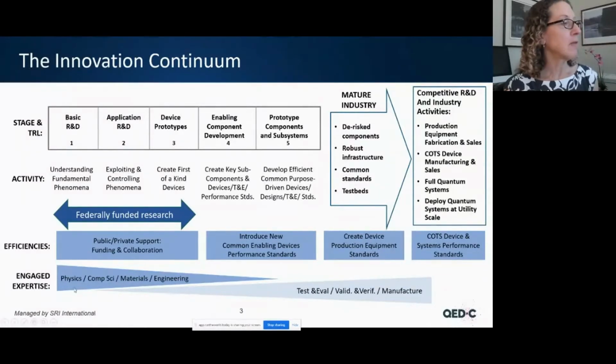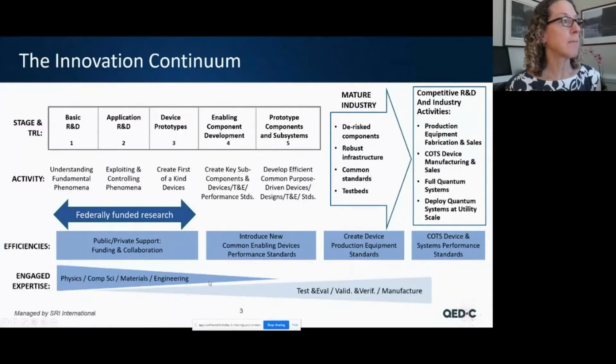There are disciplines like science and computer science and so on, or physics, materials, engineering research. Then as you get into the more applied work, there are activities like testing and evaluation and validation, verification of making sure that processes work and that things behave and perform properly, and ultimately, of course, manufacturing.